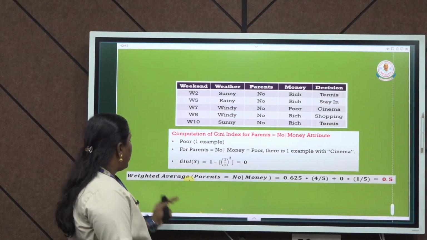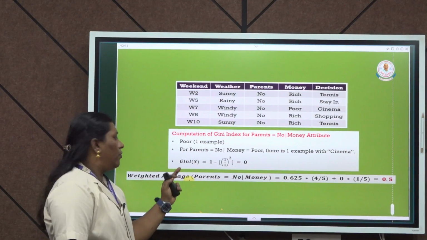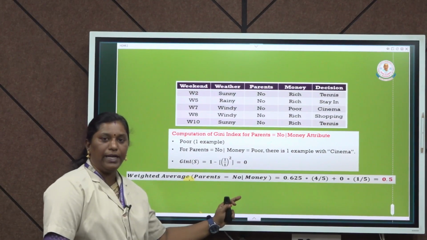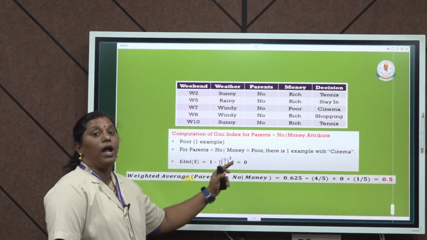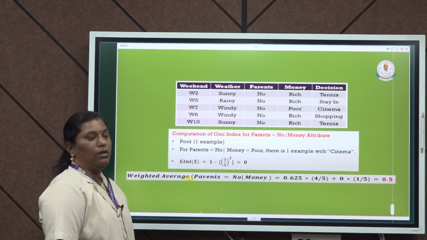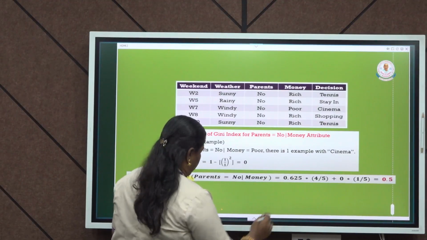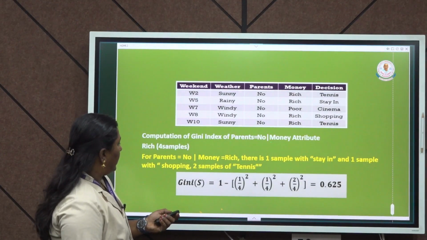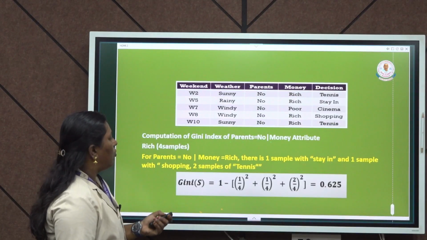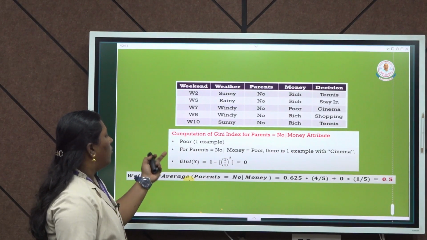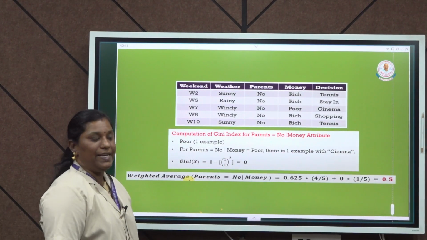At last, we are going to calculate the weighted average when the parent is equal to no and the attribute is money. As we calculated here, for rich we have 0.625 and for poor we have 0 as the Gini index.